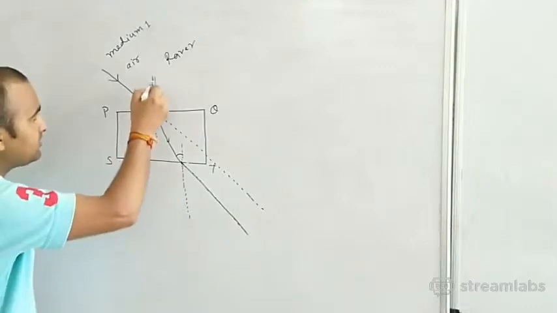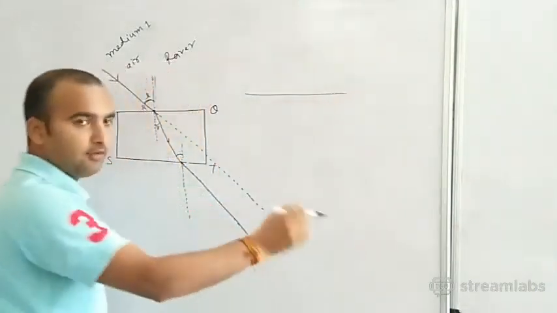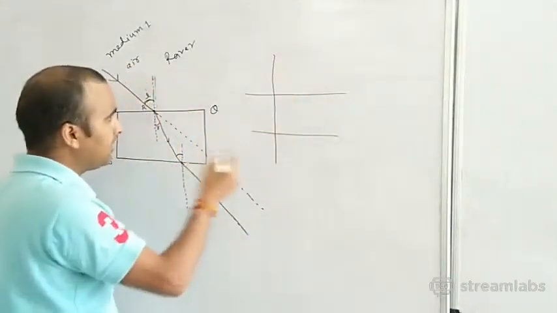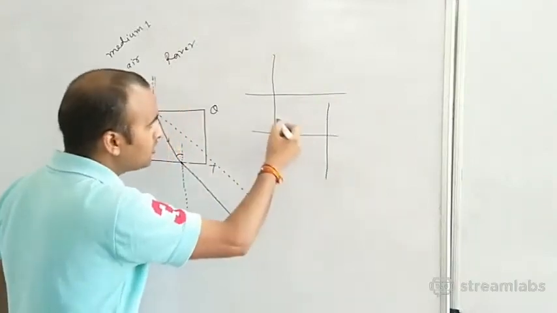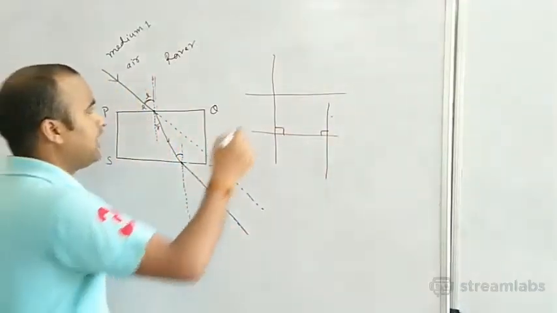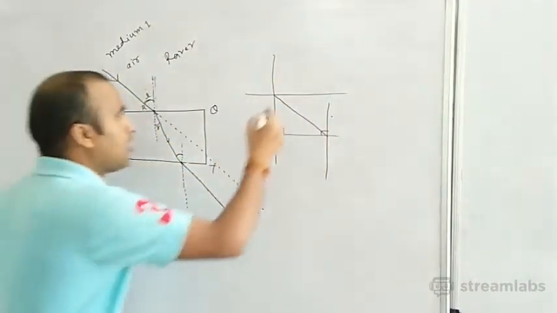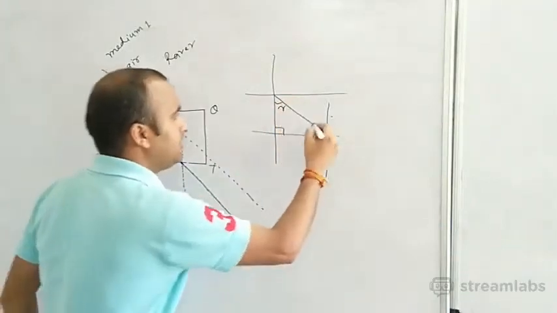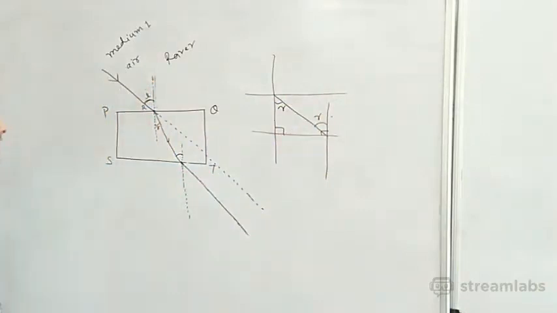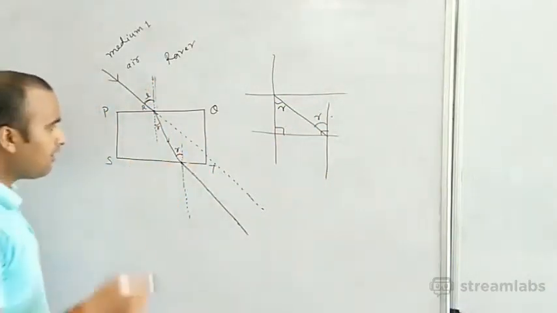You know very well, this is a perpendicular line and this is also a perpendicular line, so these two lines will be parallel to each other, and this line intersects them. So if this is r, then this also will be r, because these are alternate angles. If this is r, then this is also r. Understood?